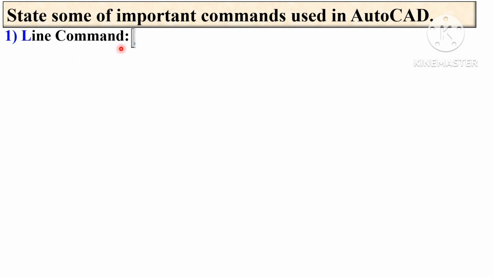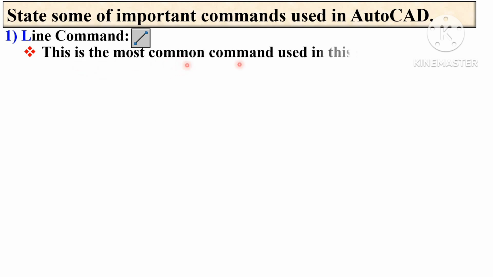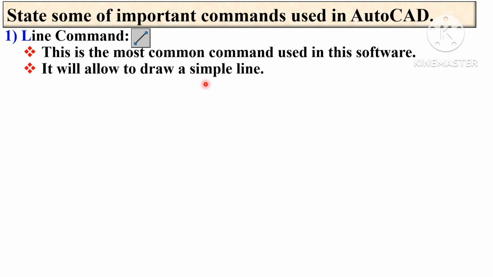First, the line command, and this is the symbol for the line command. That symbol you can see in the GUI system of AutoCAD. This is the most common command used in this software. Obviously you can understand, for any drawing, the line command is the basic command. It allows you to draw a simple line.